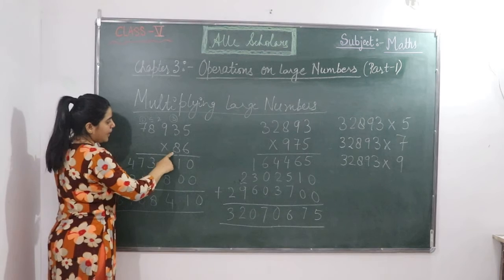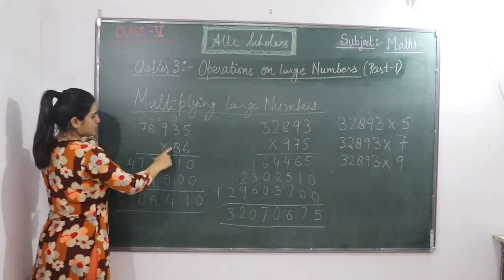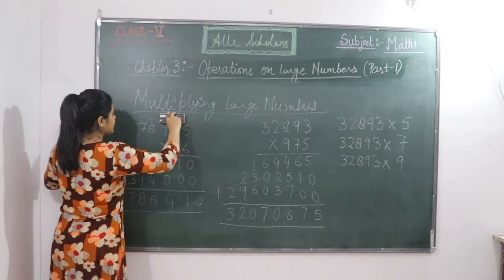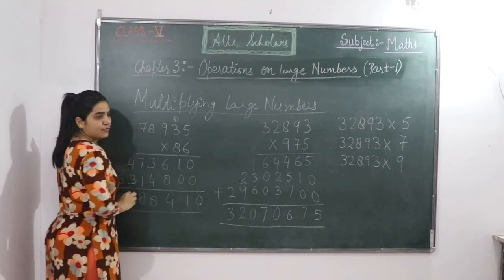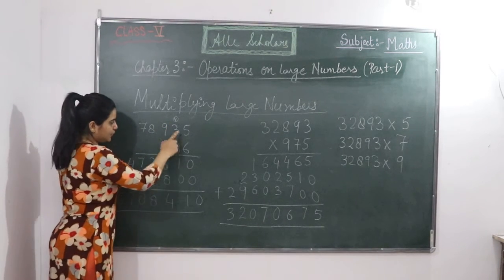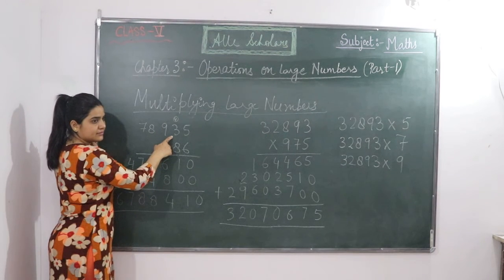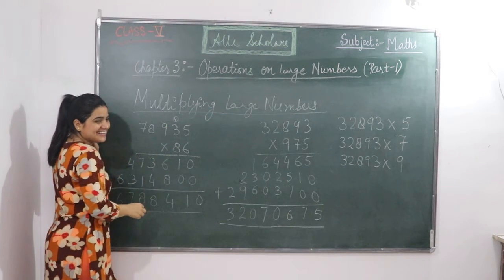47. Now we have to multiply these numbers with 8. So 8 5s are 40.